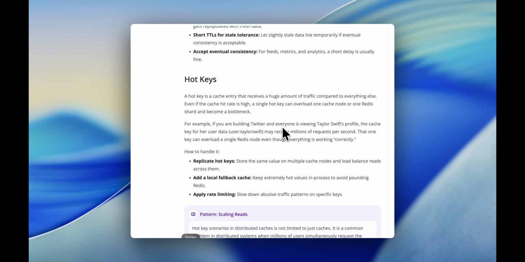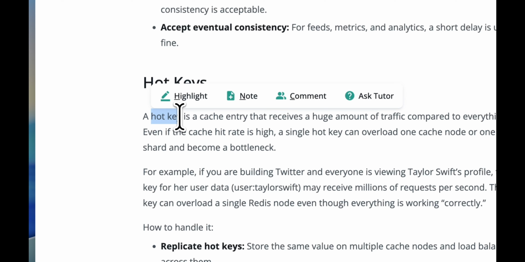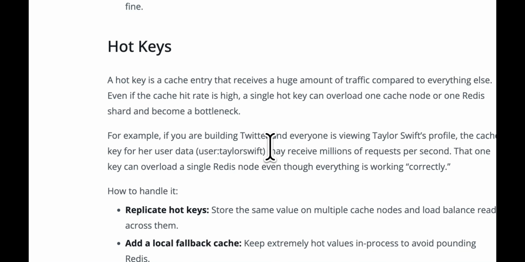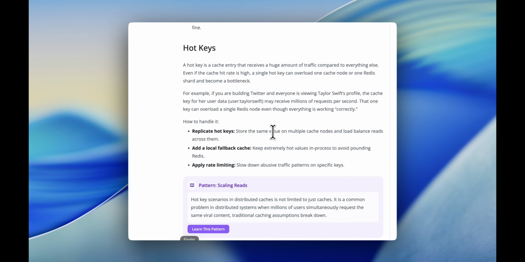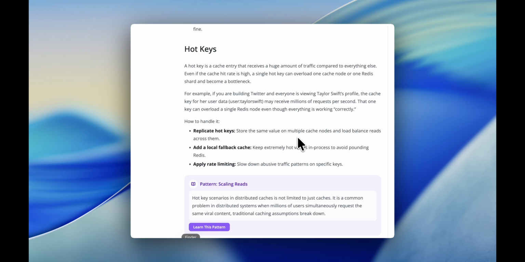Millions of users are trying to see the new Taylor Swift picture, so it can overload just one key inside your cache, and this is by definition called a hot key. How can we handle this? We can replicate hot keys, store the same value on multiple cache nodes, and load balance reads across them.